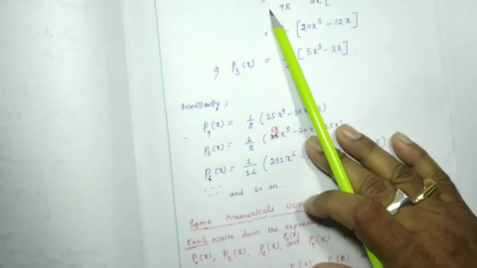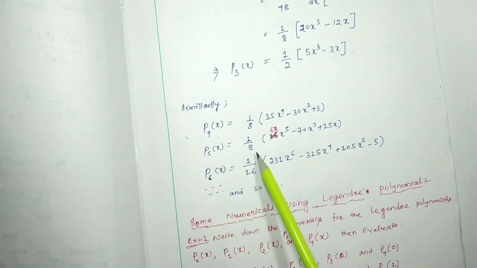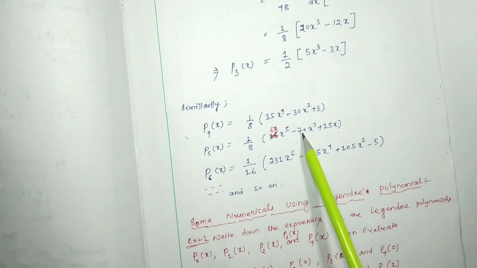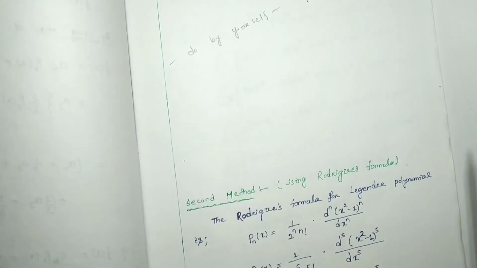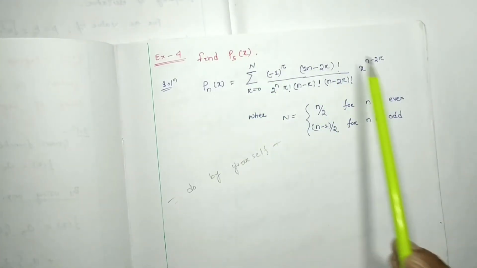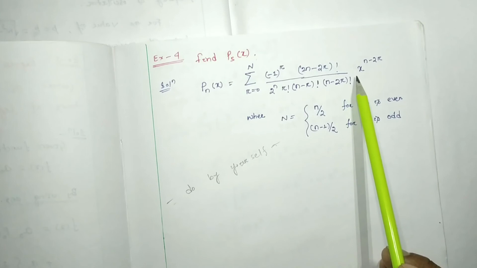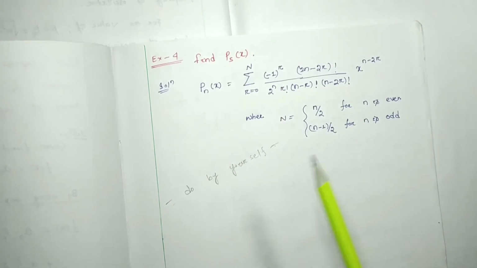You do it by yourself, and we will discuss it in the next class. It is 1 by 8 into 63x to the power 5 minus 70x cube plus 15x. By considering this expression, you can find this one. Do it by yourself. I have written it over here.